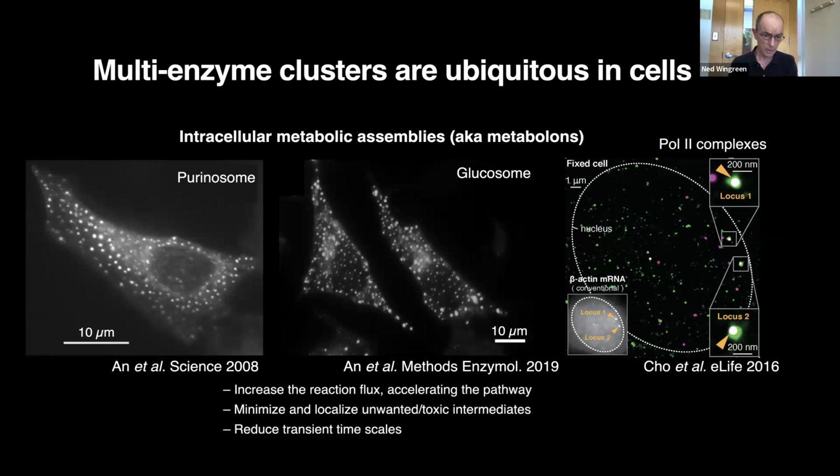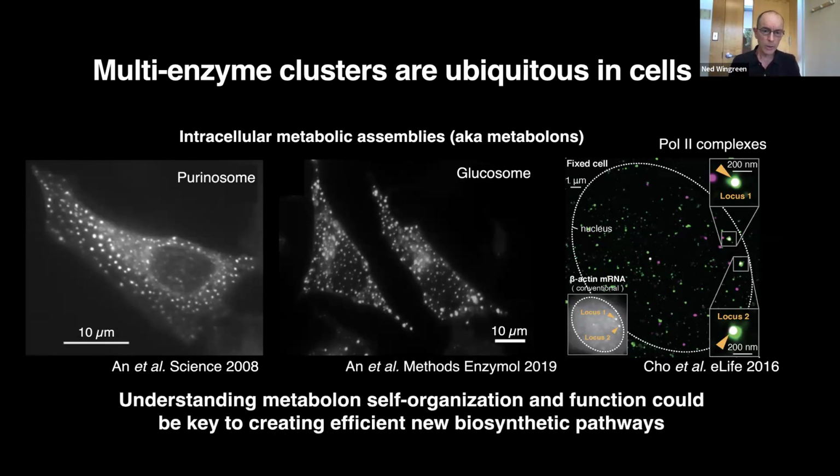The idea, though, is that this clustering of enzymes in a pathway can increase reaction fluxes, accelerating the pathway, minimize and localize unwanted toxic intermediates, and reduce transient timescales. So there's a lot of things that could be good about doing this. And therefore, we'd like to understand how what we call these metabolons might self-organize and function, and that could be key to creating efficient new biosynthetic pathways as you're building cells.